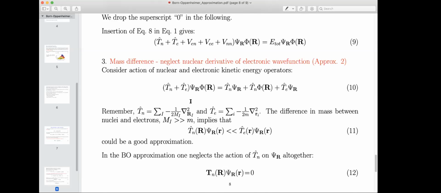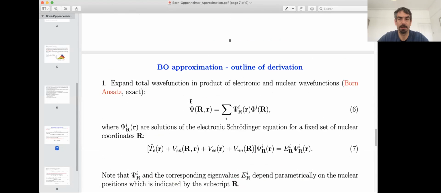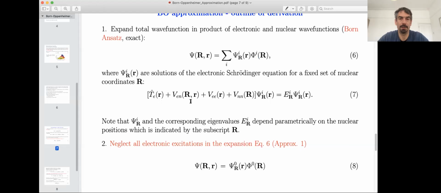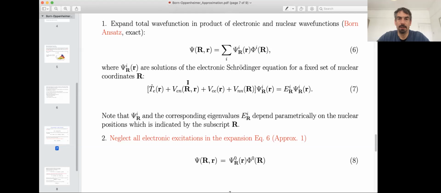So that was our first approximation here, where this expansion is still exact. You're fine here, and here you include these electronic excitations.